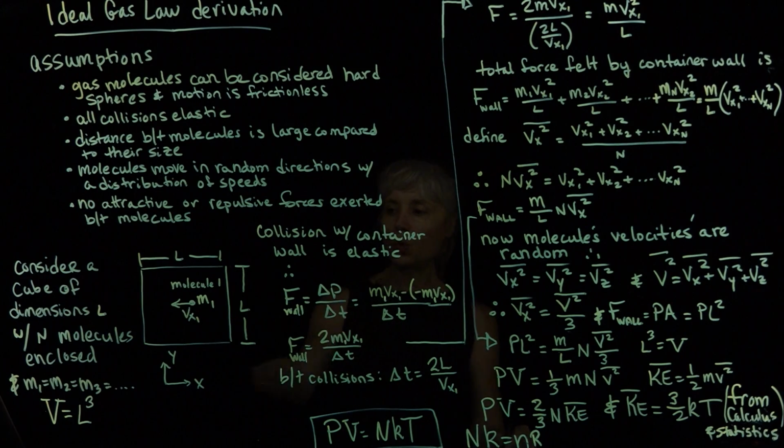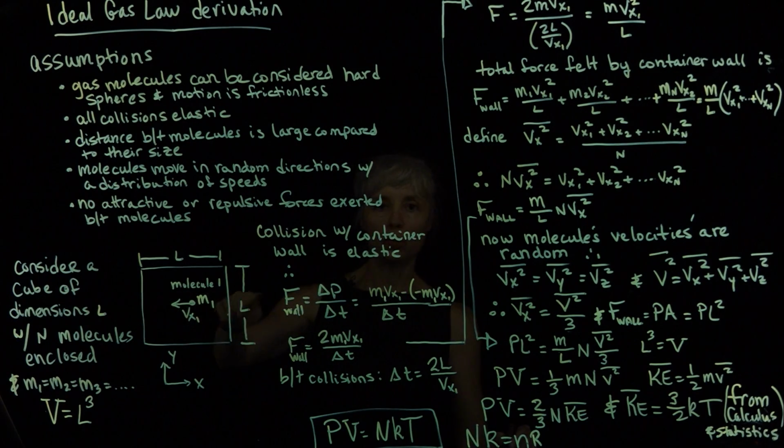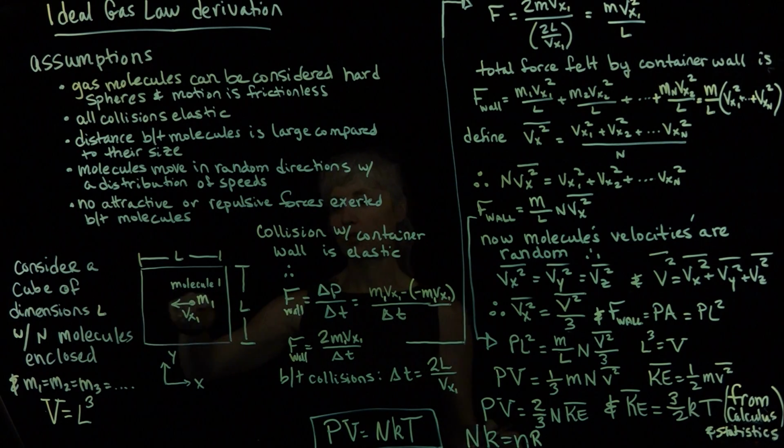In addition, between collisions, imagine this molecule just traveling back and forth. It's going to hit this left side every 2L over v1x as far as time goes. So it's going to be traveling a distance 2L with this speed v1x in the time between collisions.